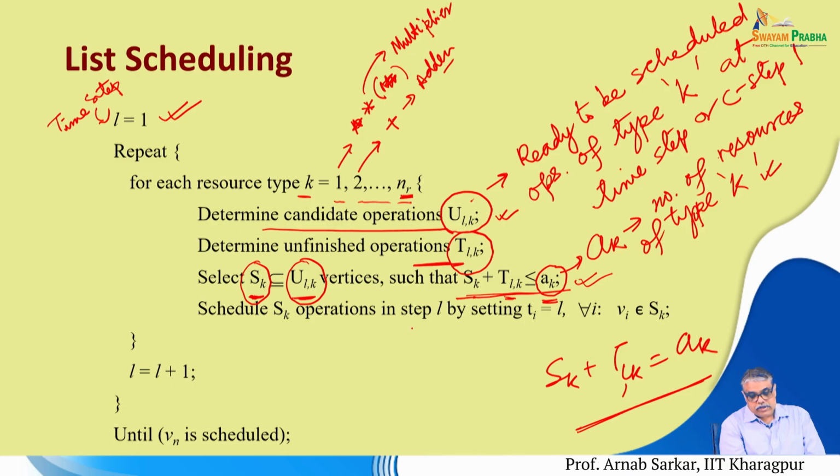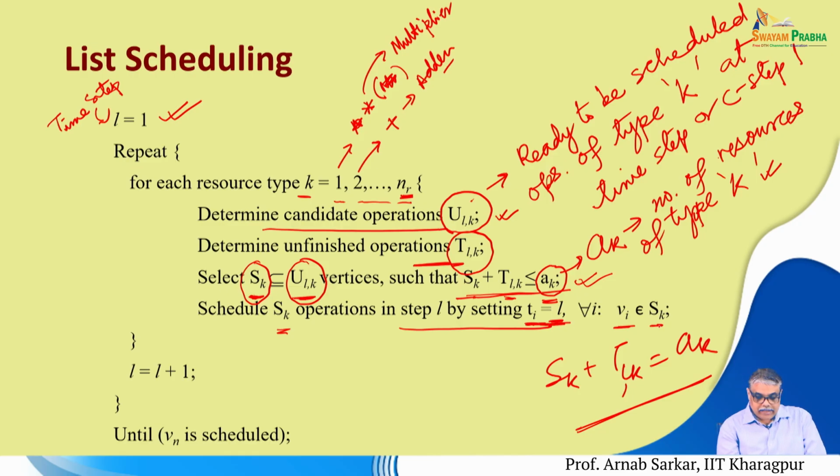Schedule Sk operations at time step L, that means the start time of these operations becomes L. Ti is the start time of operation Vi belonging to Sk. So, for all operations Vi belonging to Sk, you assign a time step to it, and that is what scheduling essentially means. You assign a time step to each operation, that is Ti equals L.